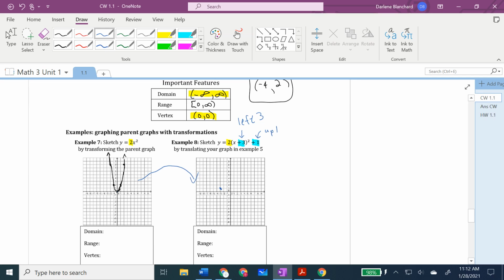And then if I look at the relationship, this pair of points is horizontally 1 unit away, 2 units above. These pair of points are horizontally 2 units from the vertex and vertically 8 units up from that vertex. The vertex 2 to the right, 8 up. 2 to the left, 8 up. And then draw.